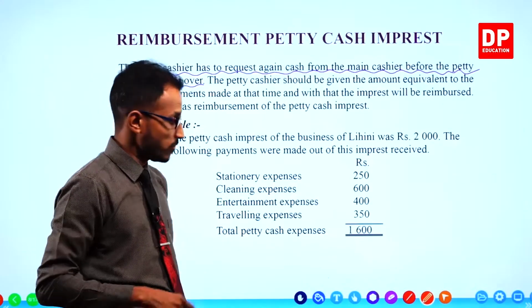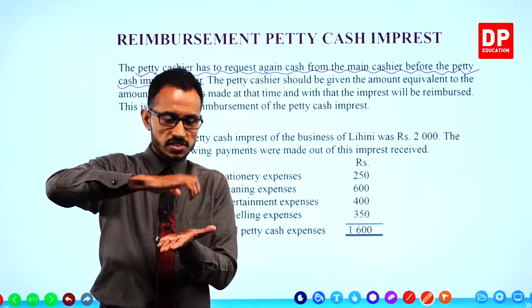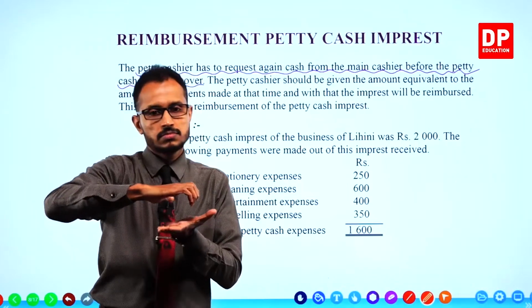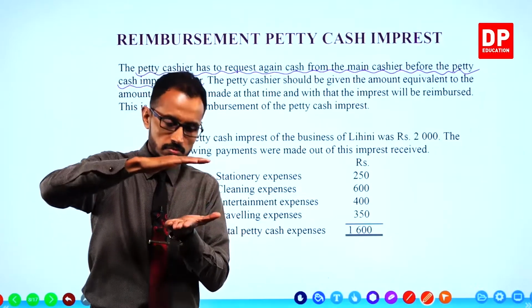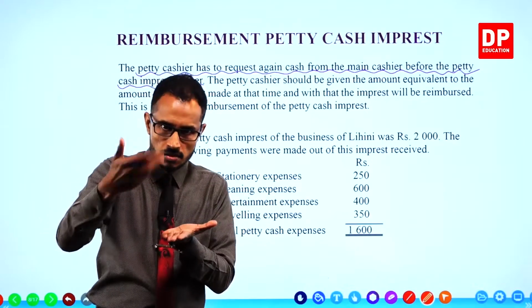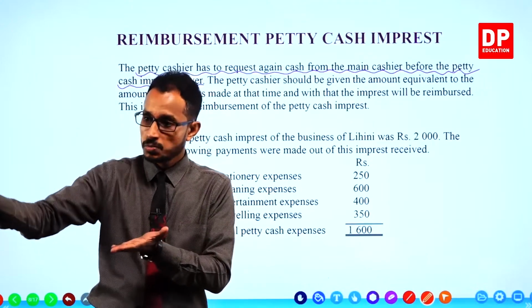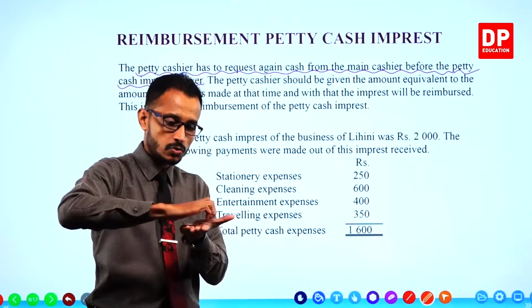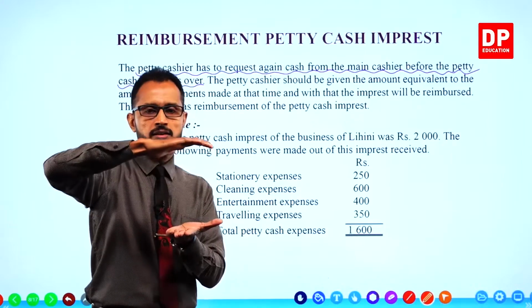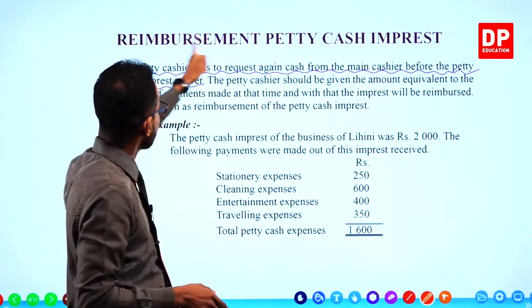Before the fund which is kept is over, when it goes down little by little, again the amount which is spent should be requested to refill the fund. Okay, that is called reimbursement.